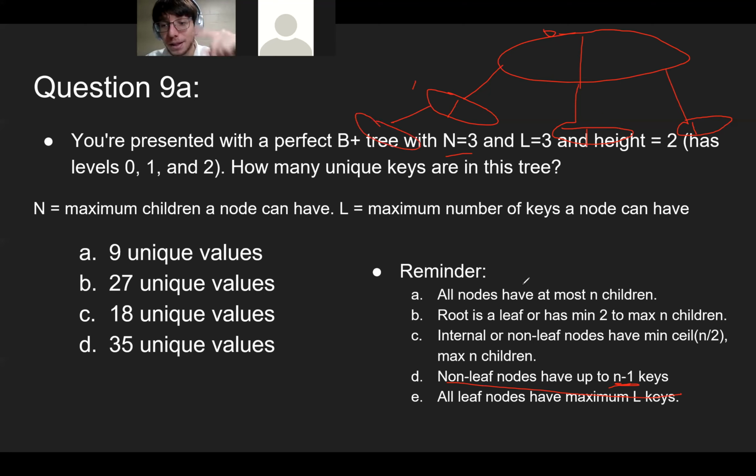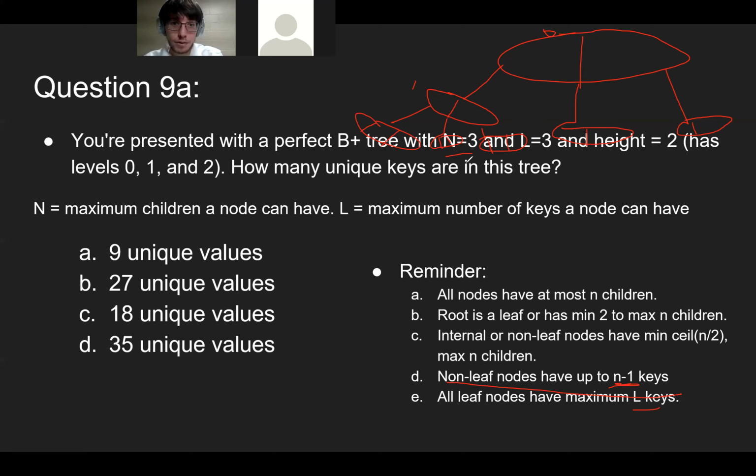But remember, leaf nodes can have maximum L keys. L is 3, so these have 3 each instead of 2. And what we notice is that on the previous level, there are 3 things, and each of them has 3 kids.